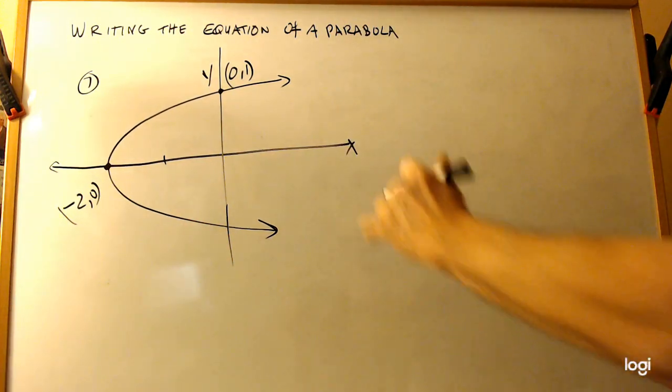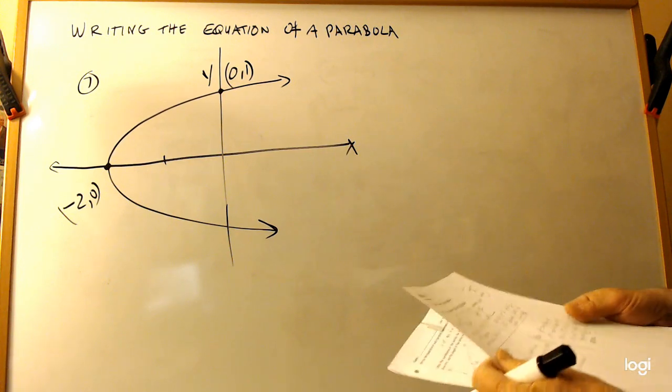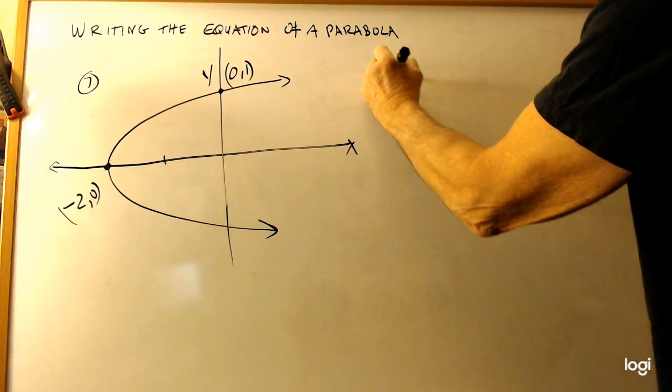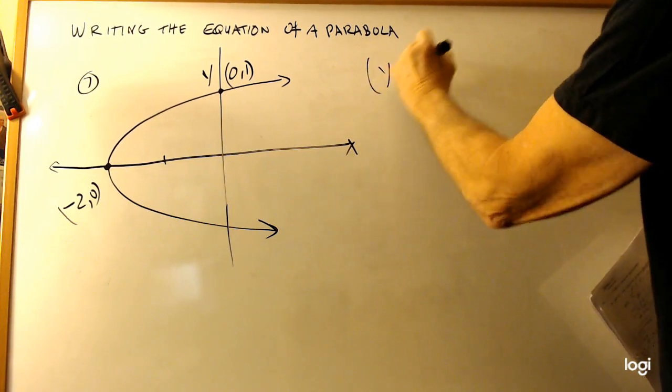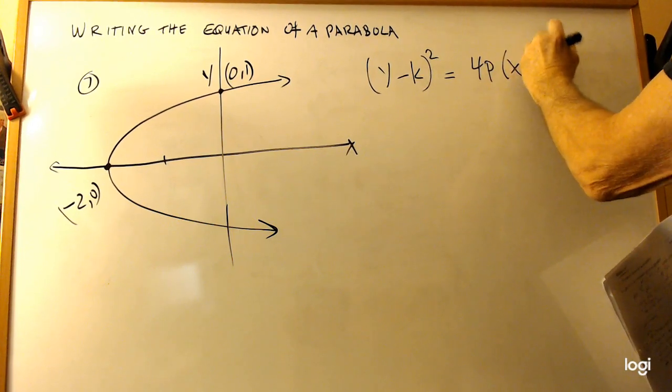We notice this is a sideways type, so it's going to be the y that is squared. So it's going to be y minus k, the quantity squared, equals 4p times x minus h.